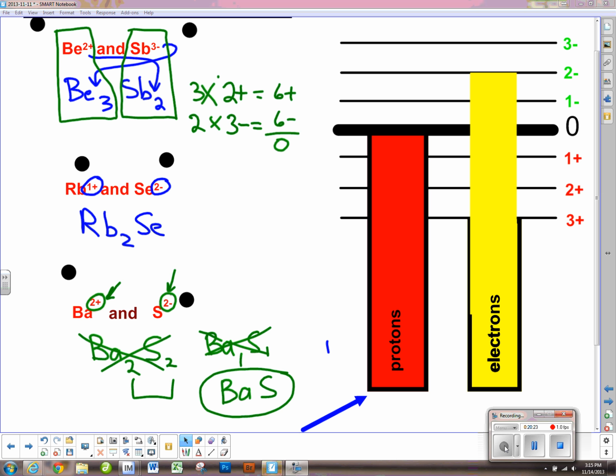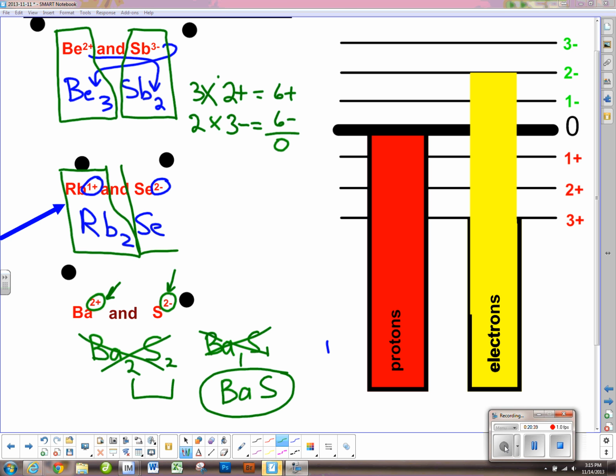And so, as you will see, first with the rubidium and the selenium that we did over here, as we go over here to the right to test it all out, we look at our numbers, and you can see rubidium and selenium in the ratio of 2 to 1. So I take the subscript, which is 2 for rubidium, and multiply by the charge, which is 1 plus, that's the charge on the ion. You notice we don't write charges when we actually do the molecules themselves.